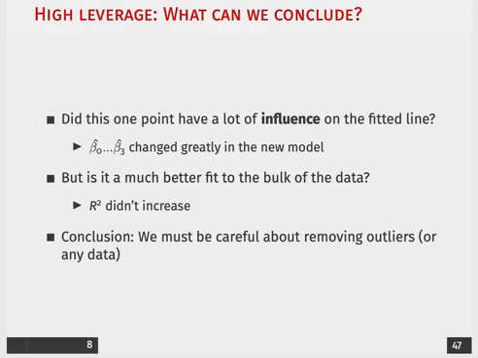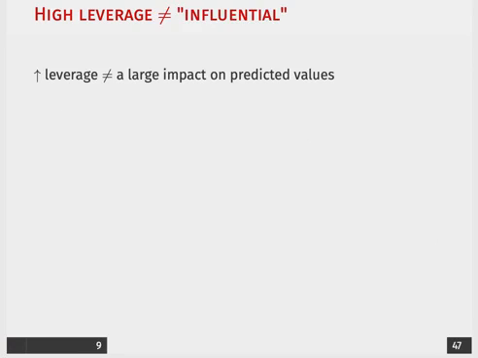And so we have to be careful about removing outliers or any data really, and we have to think in a more principled way about how we can classify whether or not an observation is truly impactful on our estimated coefficients in our model. That's because observations that have high leverage are not necessarily influential per se.